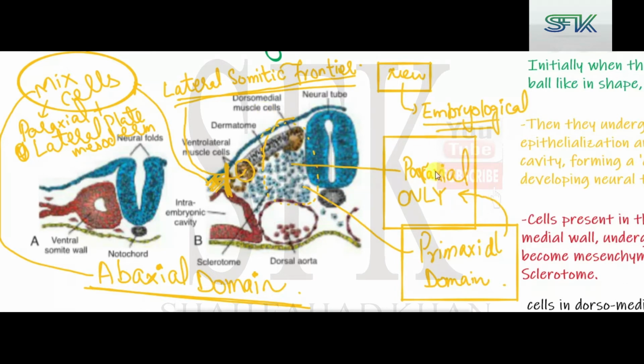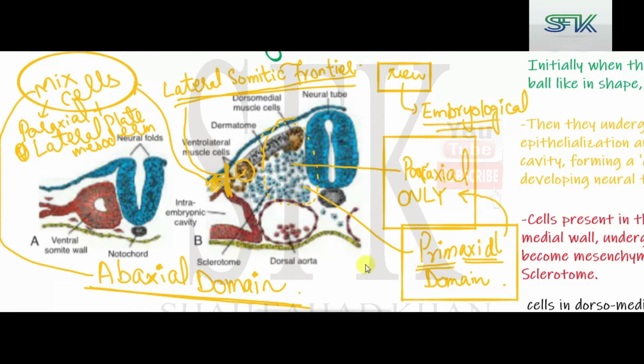The prime in primaxial is actually from the term primary. This is the region where all of the cells are primarily derived from the mesoderm that is located next to the axial line, or the midline, in other words, the paraxial mesoderm.